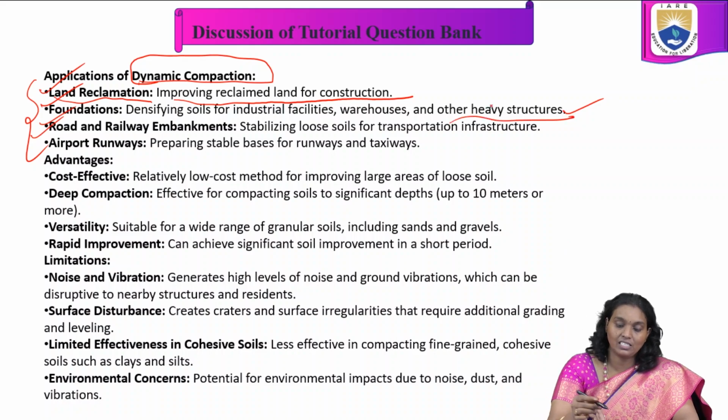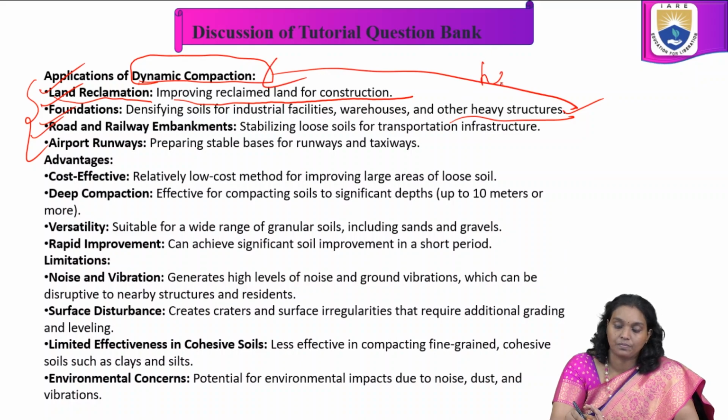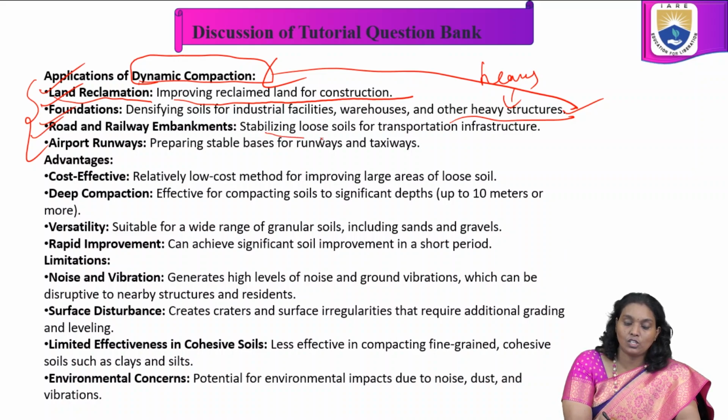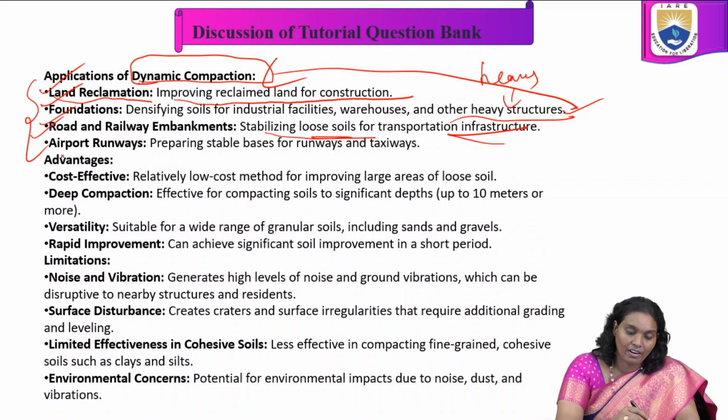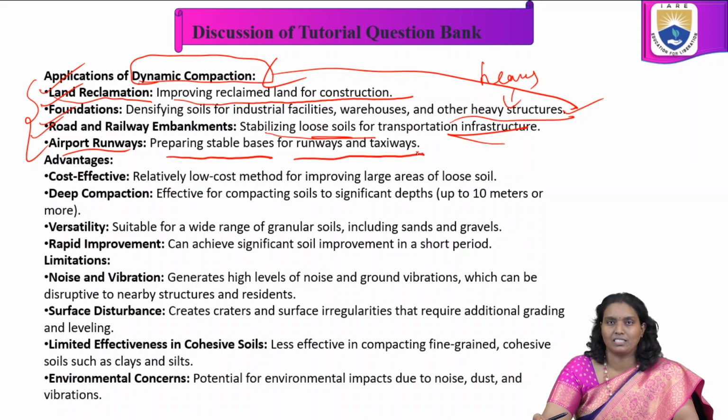For heavy structures, we choose this kind of dynamic compaction. Road and railway embankments, stabilizing the loose soils for transportation infrastructure. Airport runways, preparing stable bases for runways and taxiways.